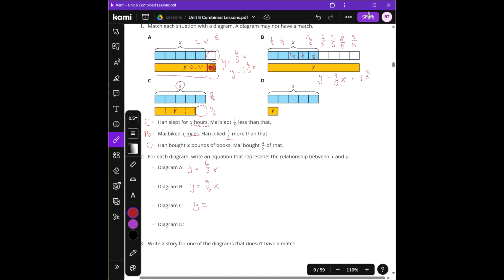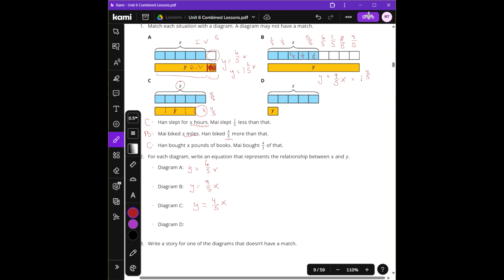Well, we can see it right here. We have 1, 2, 3, 4/5. So y is equal to 4/5 of x. Remember this right here would be 1/5, but it's not on the orange. So y is only 4/5 of x, and x is 5/5.